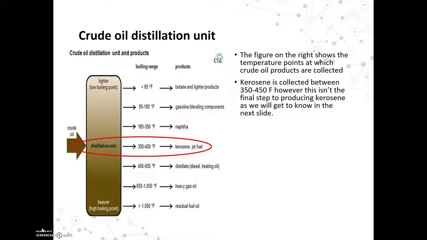As the temperature of the crude oil in the distillation column rises, the crude oil separates into the 8 petroleum products, or different components, which are called fractions. The fractions are then captured separately, each at its own boiling point. In our case, kerosene boils between 350 and 450 Fahrenheit, which makes it the fourth product out of the 8 products made in the crude oil distillation unit.